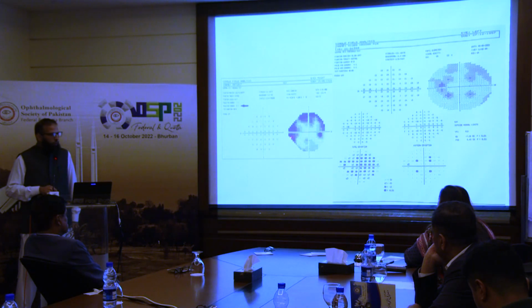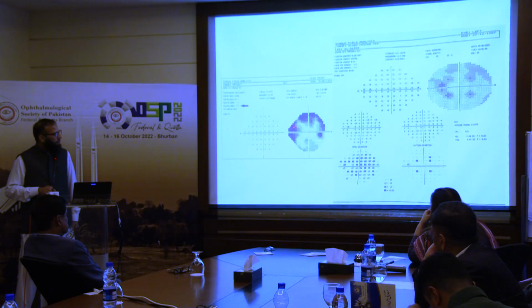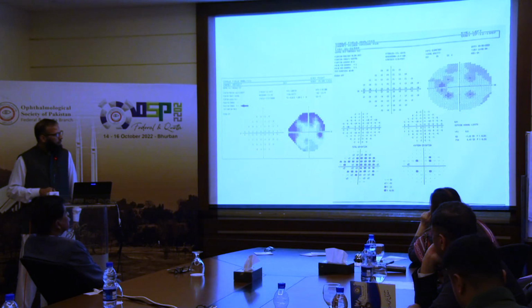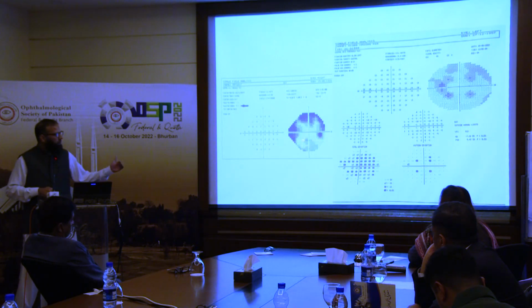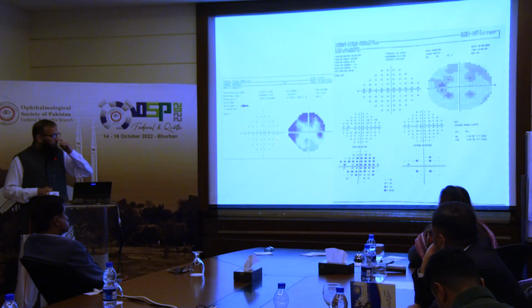Then as the test progresses, the patient loses attention, as a result of which these outer areas become dark, and when the test is again presented in these points, the patient is unable to appreciate. So whenever you see a clover leaf pattern, at a glance you should be able to pick up that this is a test with high false negative results, and you have to tell the patient that something is wrong and perform this test again in order to get a reliable test.